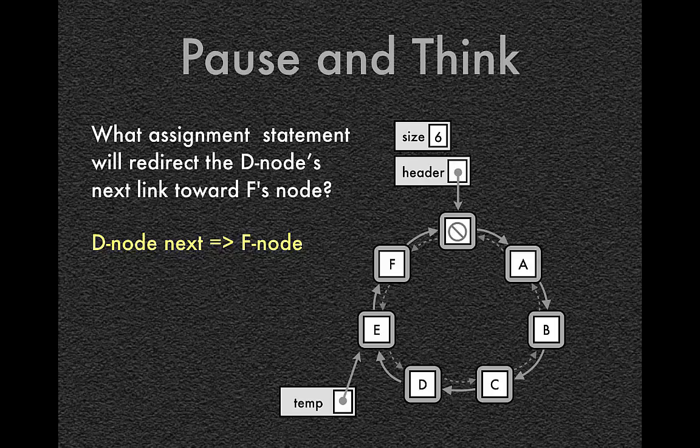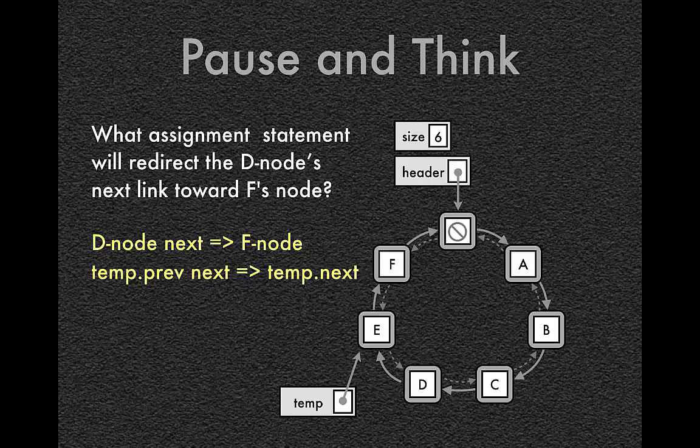So we can tweak the statement we just wrote to say temp.previous next needs to be temp.next. So we've just replaced the D node with its programming representation temp.previous, and we've replaced F node with its programming representation temp.next. And now we're very close to being done here.